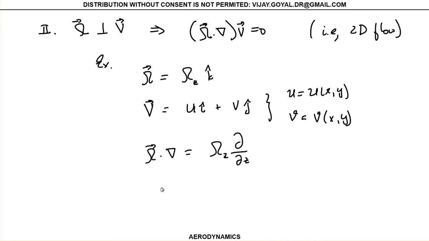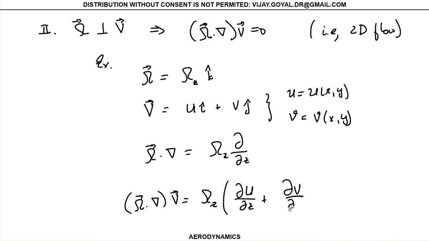Now if I take the vorticity gradient times the velocity, I get partial of u with respect to z plus partial of v with respect to z, and you can see this gives you zero, right? Because this is not a function of z itself. It's a two-dimensional flow. So this can happen. So those are the two conditions for which that happens.